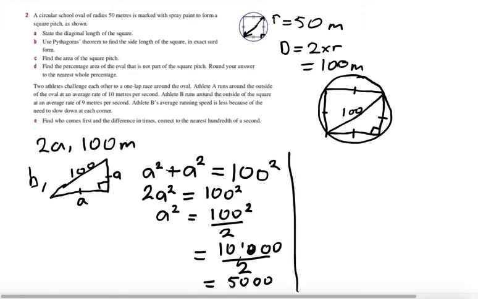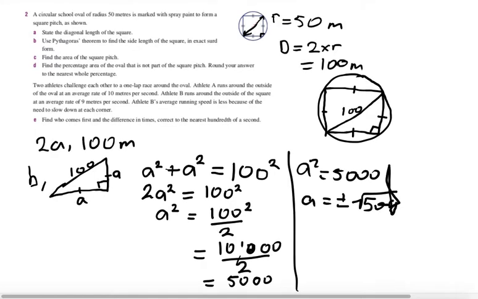Therefore, if A squared equals 5,000, A equals plus or minus the square root of 5,000. Let's just keep going because it's hard to erase things on this. And if I put the square root of 5,000 into your calculator, we get a number.